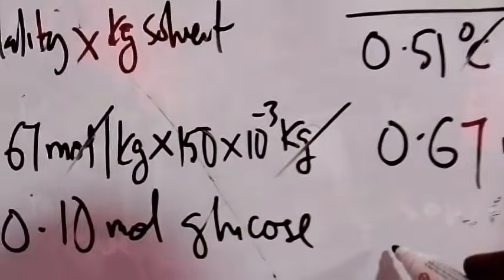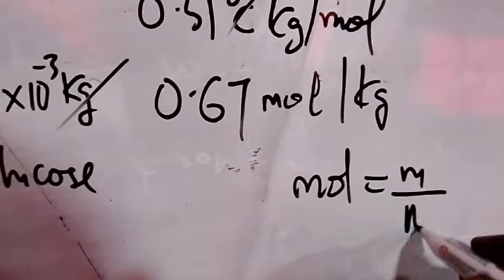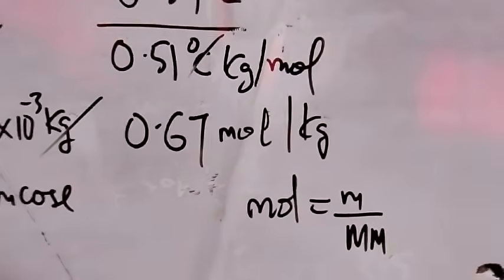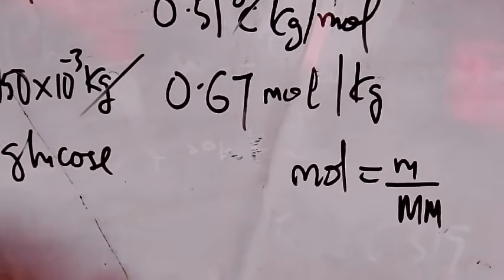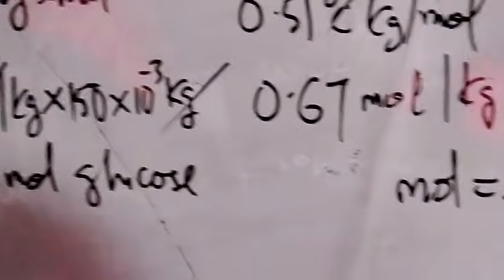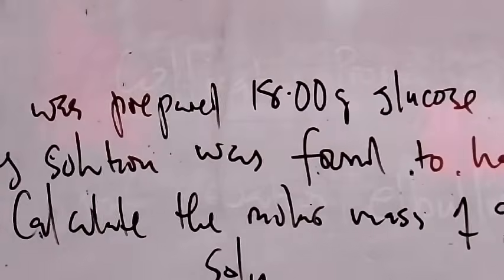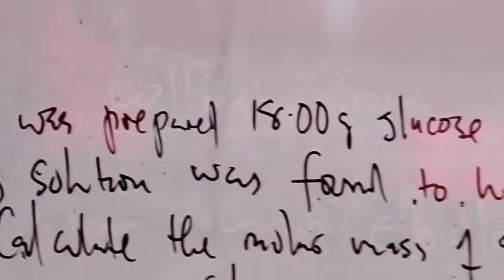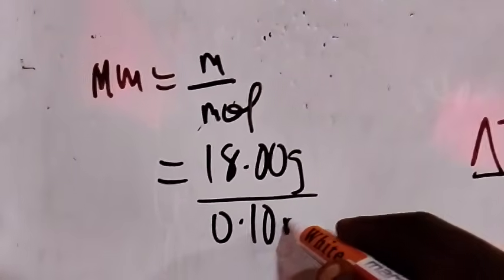Since we know that mole is equal to mass over molar mass. Okay, so molar mass of glucose is equal to mass over mole. Okay, so the mass of glucose is 18.00 grams over moles, 0.1 mole.